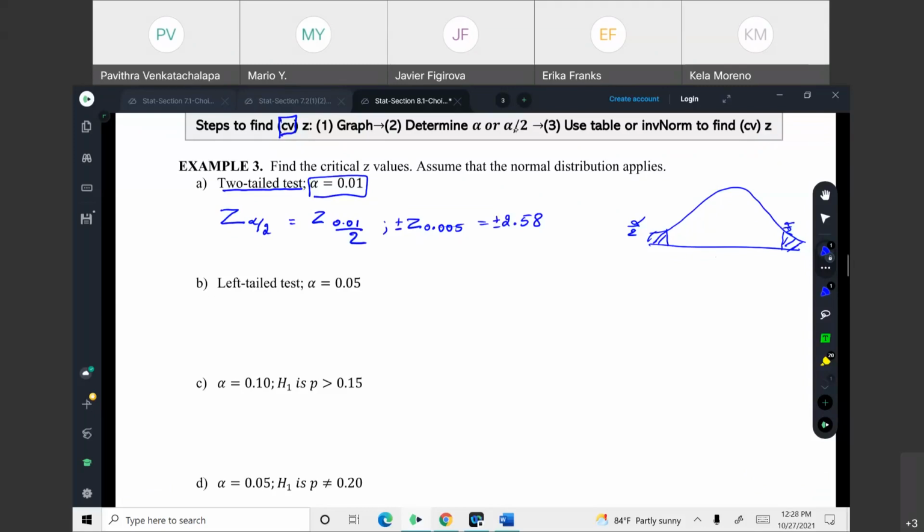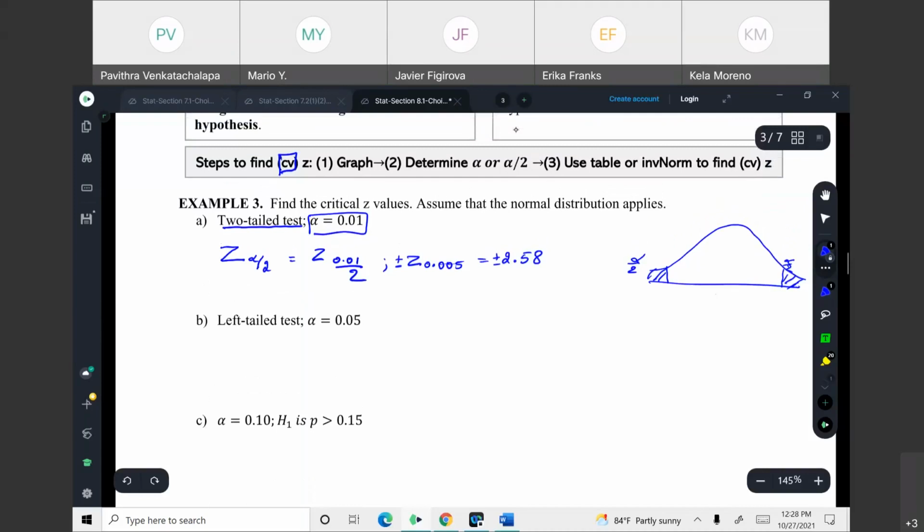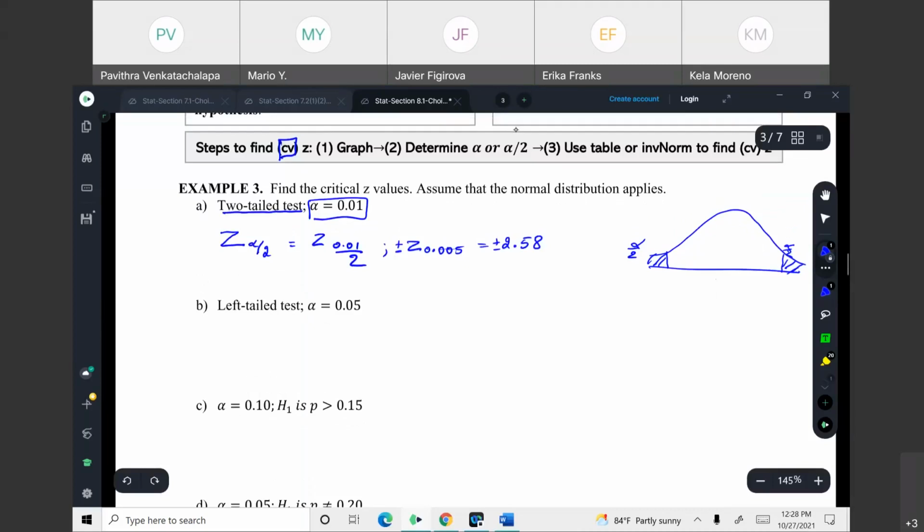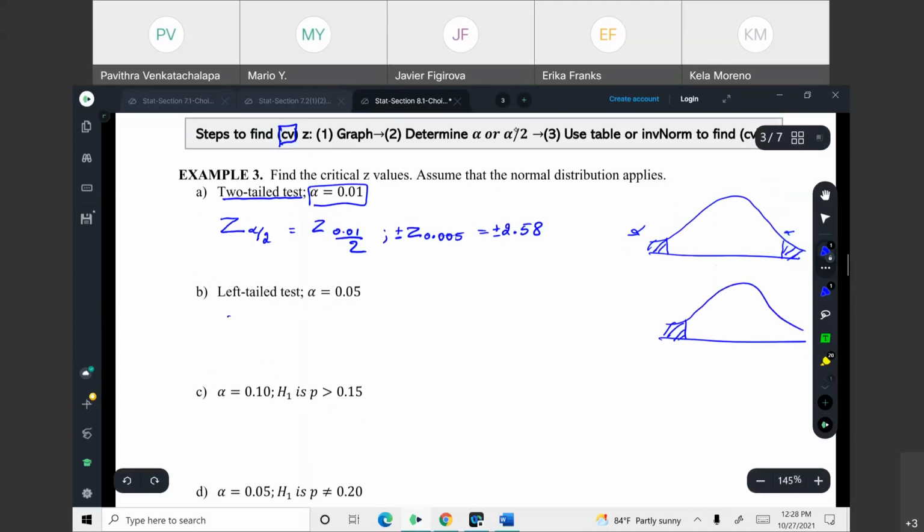So if you have a two-tailed test, you're going to find Z alpha by 2, like you did in the previous chapters. Use inverse norm, you have the area, and find out what Z alpha by 2 is. If you have a left tail test, that means only one tail, so you're going to find only Z alpha.